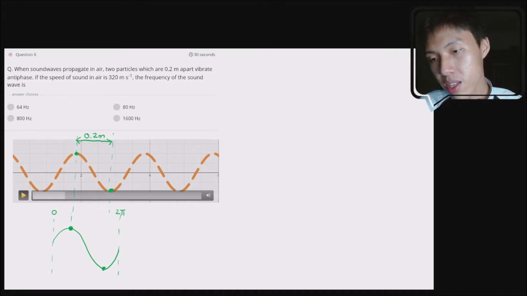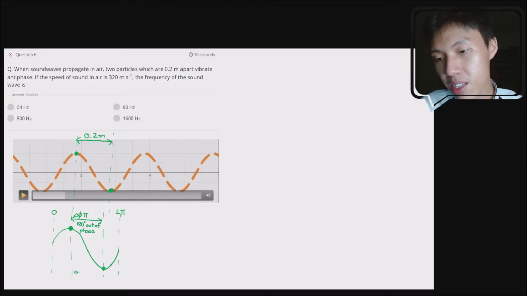So in between here and here, the phase difference is pi. That means it's 180 degrees out of phase. 180 degrees out of phase means it's in antiphase.